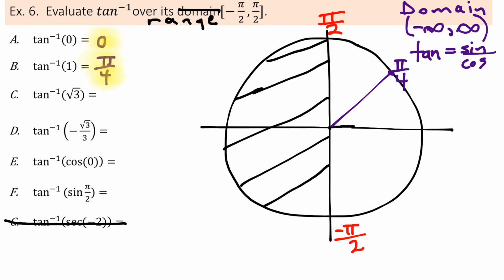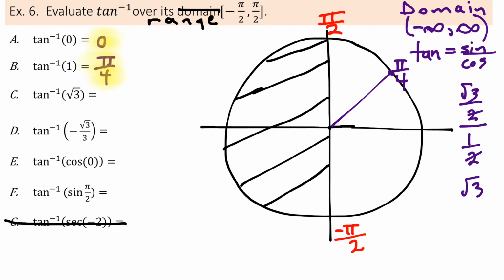The next one says inverse tangent of root 3. If we're talking about a quotient once again, and we're left with root 3 as the result, you might remember that if we take root 3 over 2 and divide it by 1/2, the 2's cancel, and you're left with root 3.